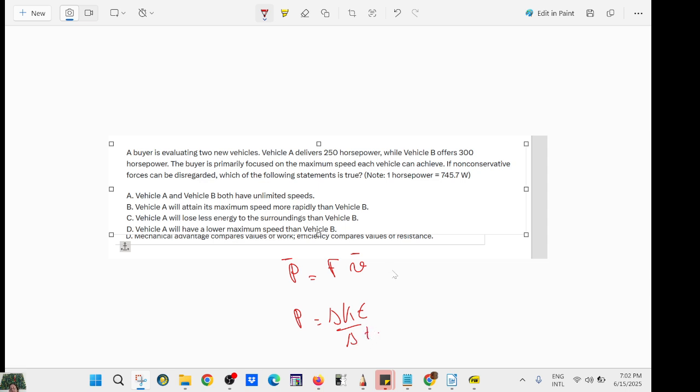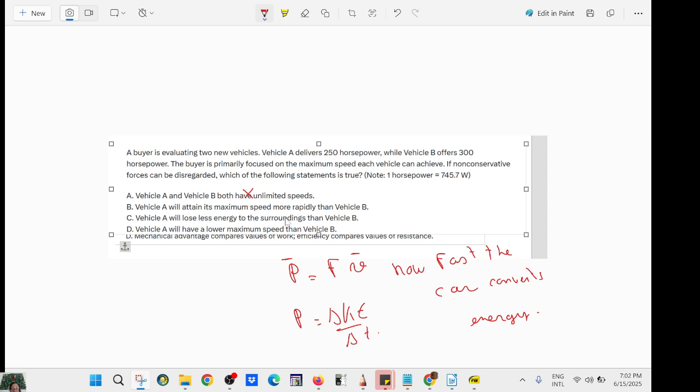So it means the power for a car is how fast the car converts energy, right? From the fuel, from potential energy to kinetic energy. So that's not possible, unlimited speeds. Nothing has unlimited speed because of the engine and because of the fuel. You always have a limited amount of fuel.